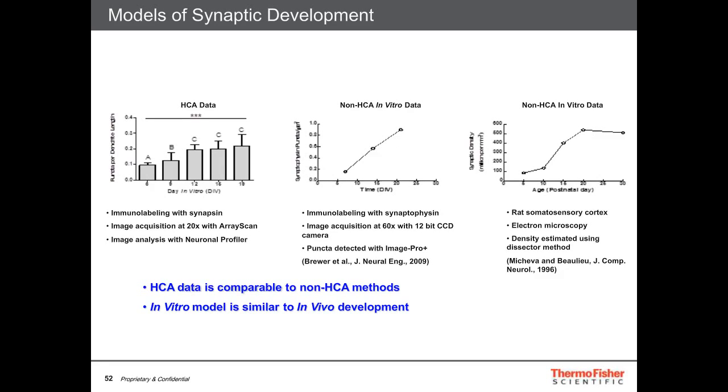We can take the resulting neuron morphology and trace along the neurites. So here we see the tracing of the neurites that are being detected. That becomes our region of interest. And along that region of interest, we can identify the synapse formation.